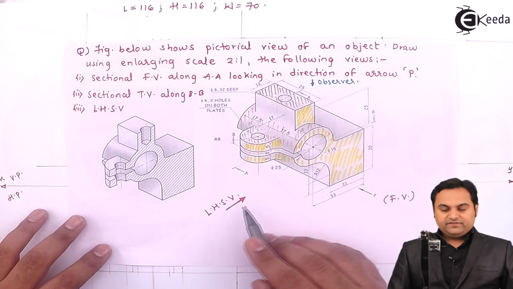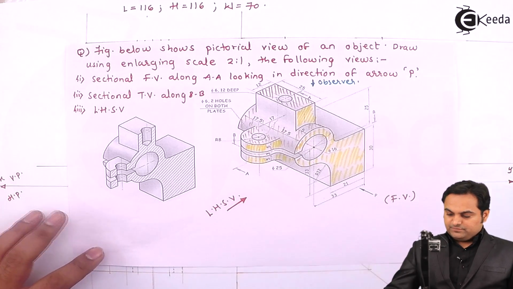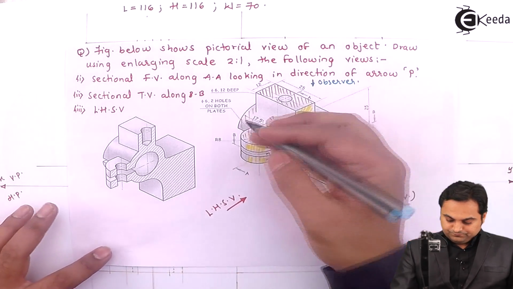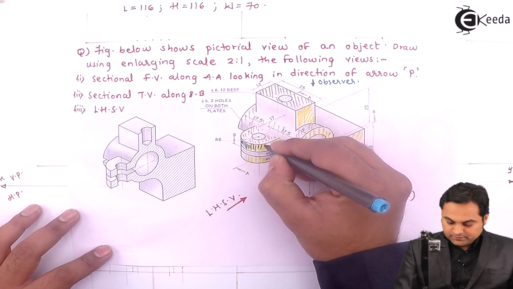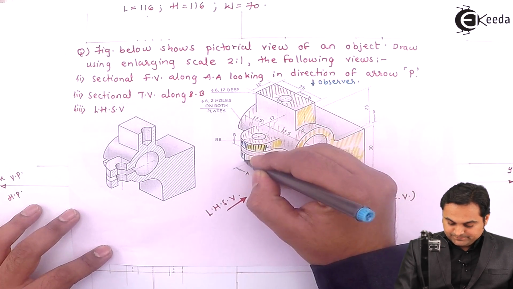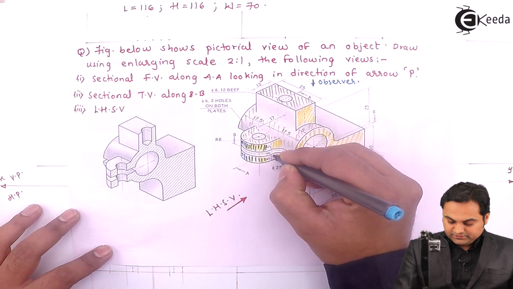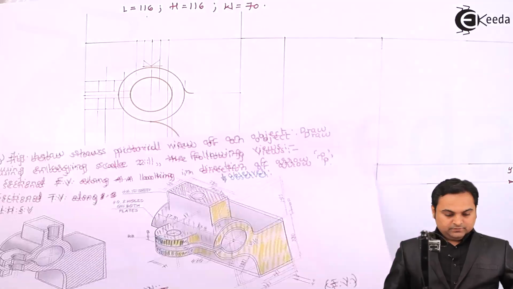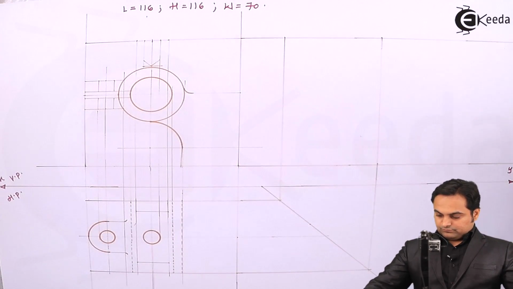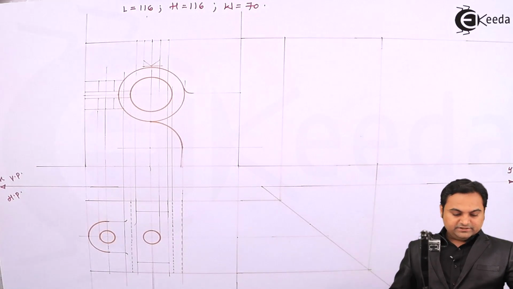Now looking from the left hand side, first thing which is visible to me is this plate, and a similar plate is there below it with a gap of 3 mm. So I'll project their heights from the front view, and width I'll get it from the top view.